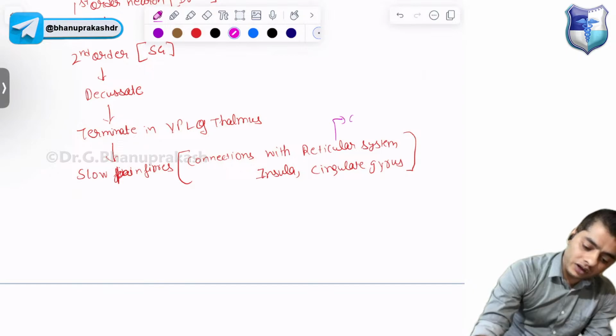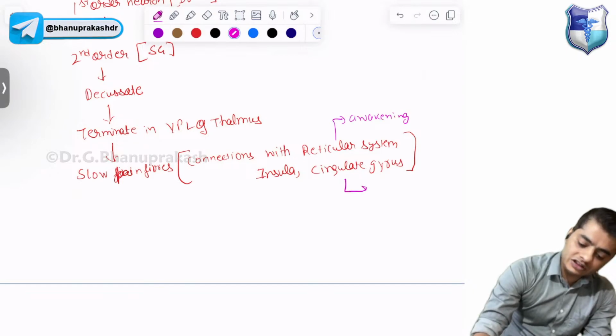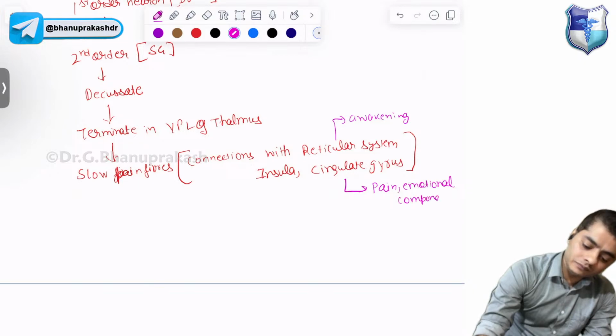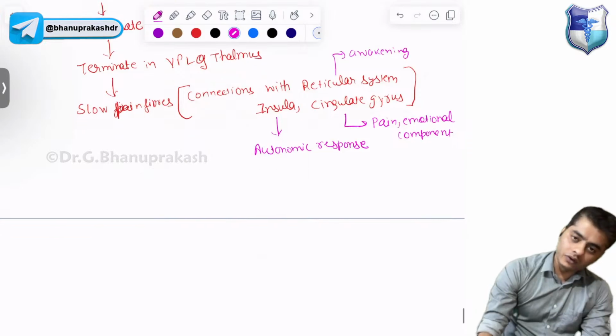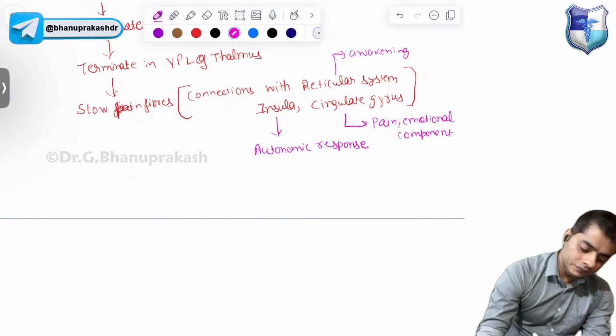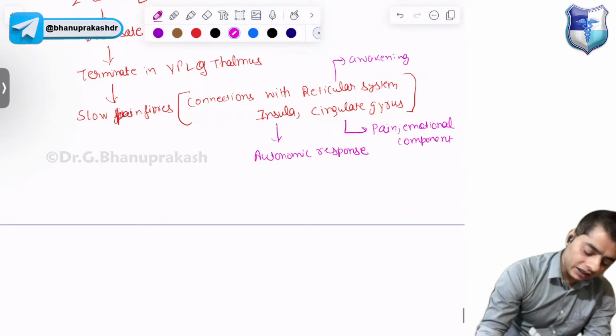The reticular system is responsible for awakening. This is responsible for pain and emotional component. This is responsible for autonomic response. Okay, so this is our ascending pathway.